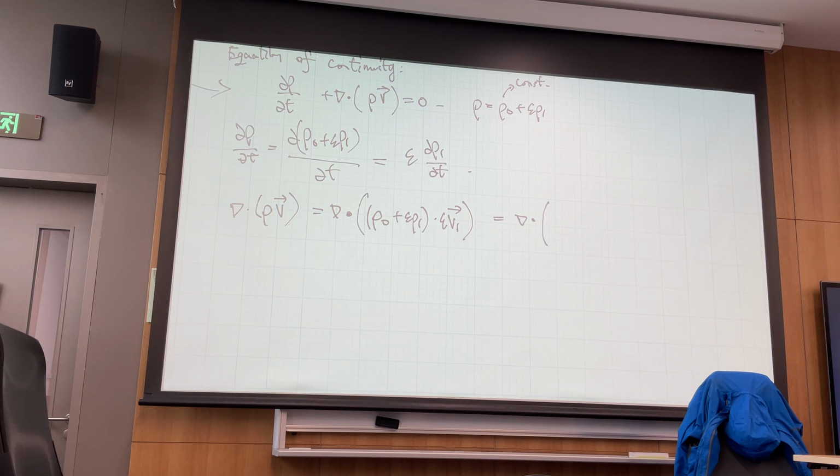First of all, there's going to be rho 0 multiplied by epsilon v1, and then plus epsilon rho 1 multiplied by epsilon v1.